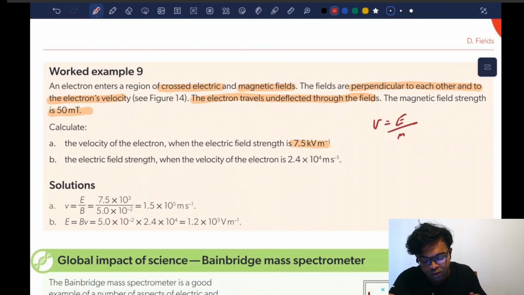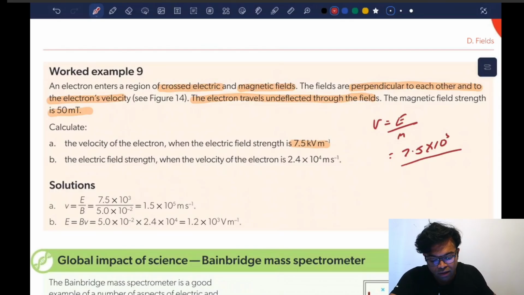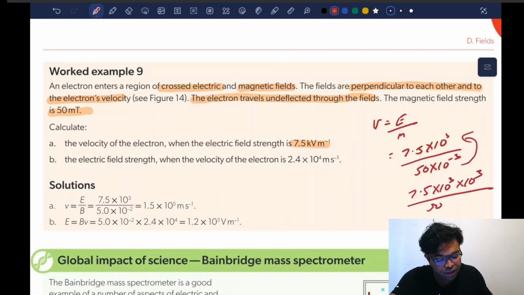Electric field has been given to you: 7.5 into 10 to the power of 3, upon your magnetic field, which is 50 into 10 to the power of minus 3. So you will get 7.5 into 10 to the power of 3 into 10 to the power of 3 upon 50.